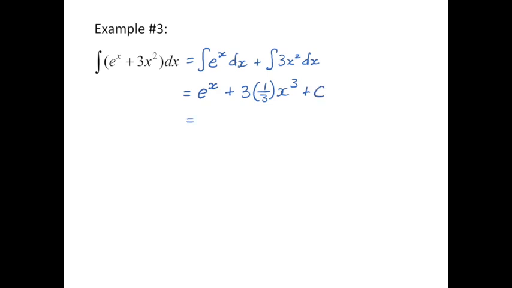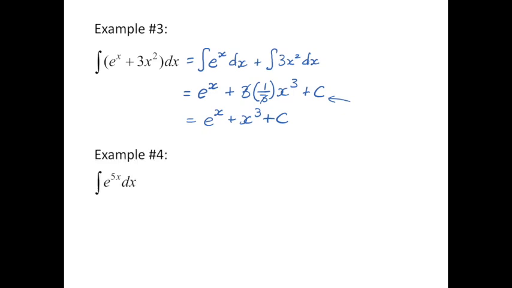And we only have one plus c because really what's happening is we'd get a plus c from the first integral, a plus c from the second integral, but they're just constants. So they would add together to make a third constant, which is this constant c. So the result of the integration is e to the x plus, these 3's divide out, so plus x cubed plus c. And that's our final answer.